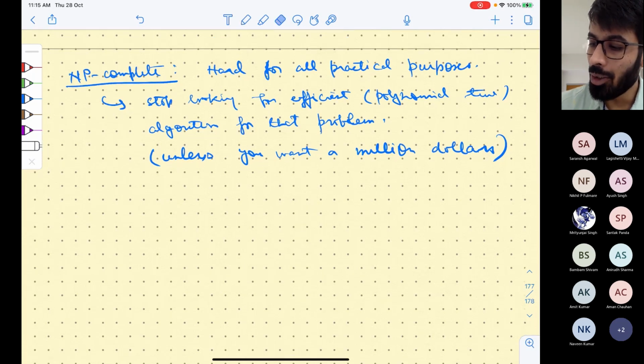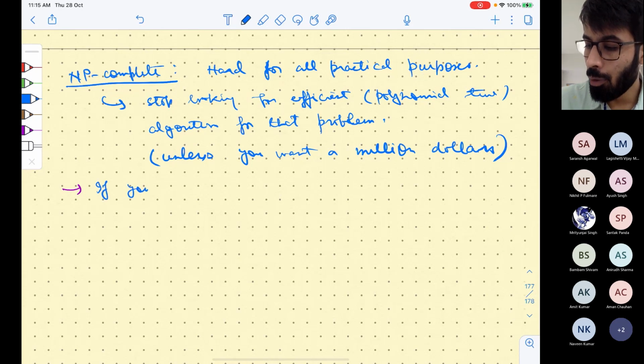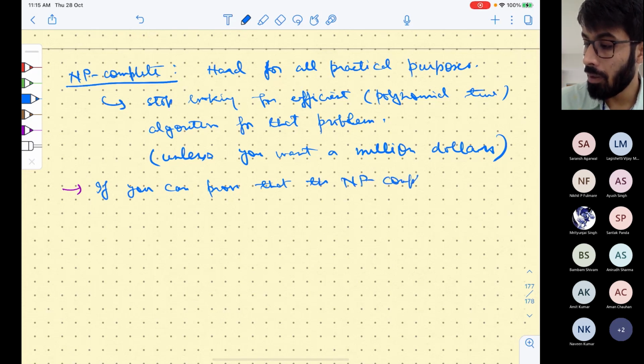So I'm saying that even getting the efficient algorithm will get you $1 million, but if you can prove that the NP-complete problems cannot be solved in polynomial time, then also you win $1 million.